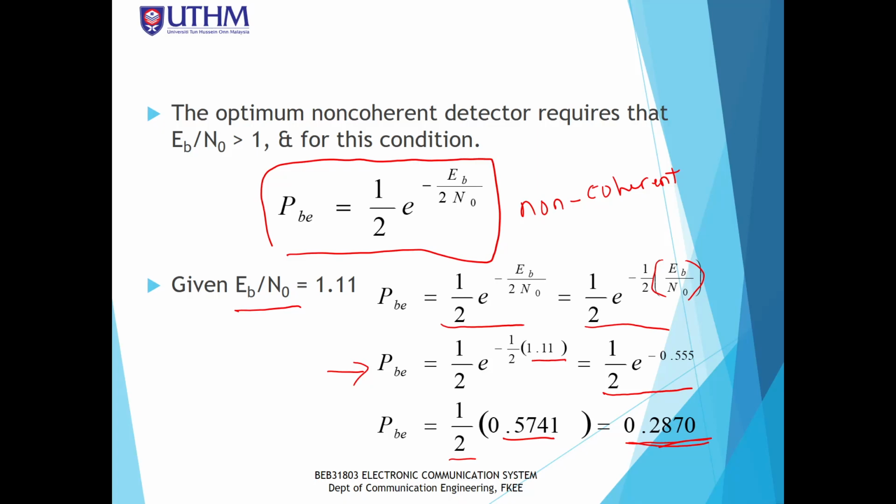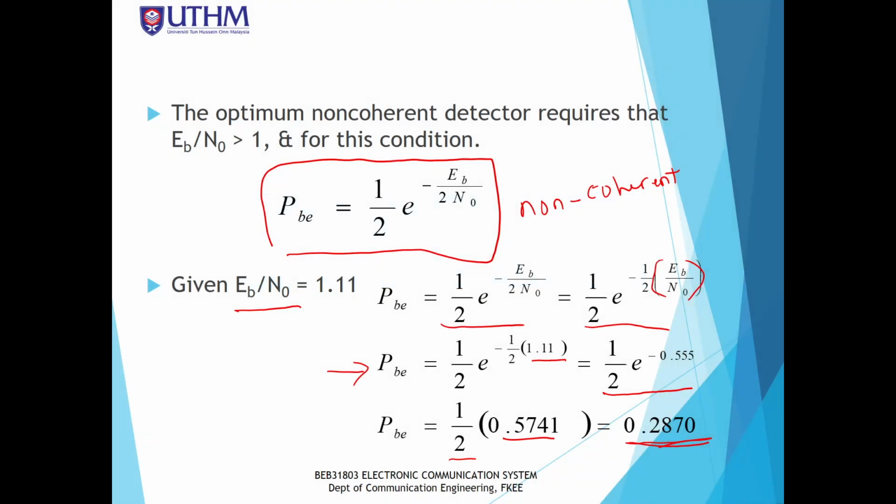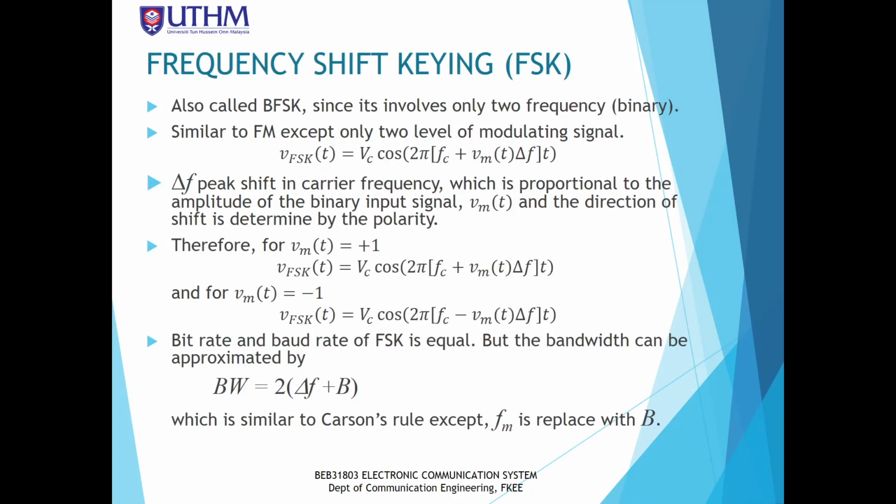If there are no questions about this, I will move to the next topic, which is frequency shift keying. Frequency shift keying is similar to frequency modulation in the analog system, similar but not the same.